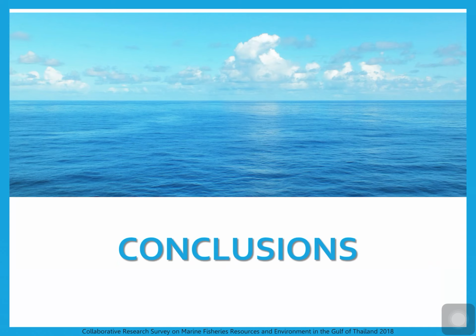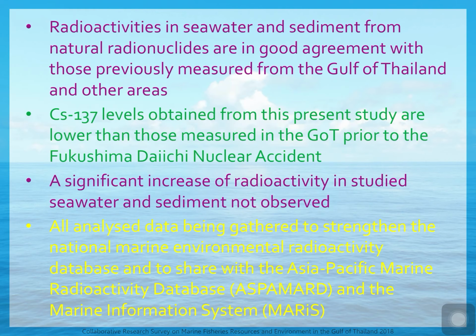Here is the conclusion of my research. Radioactivities in seawater and sediment from natural radionuclides are in good agreement with those previously measured from the Gulf of Thailand and other areas across the globe.